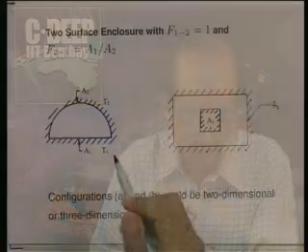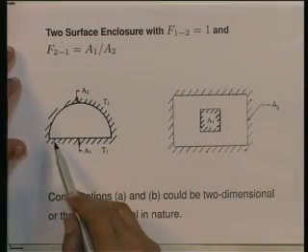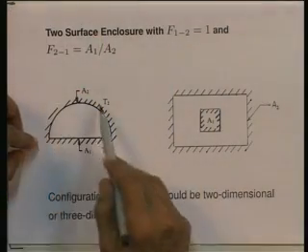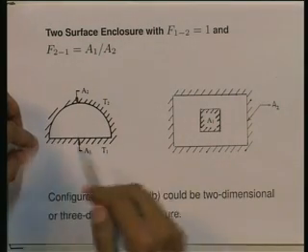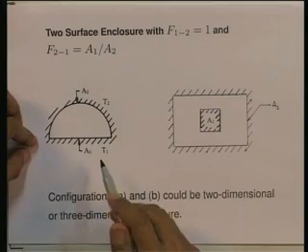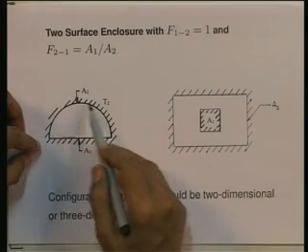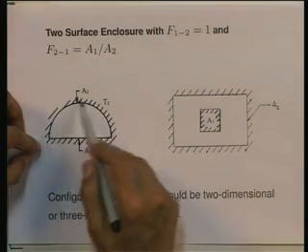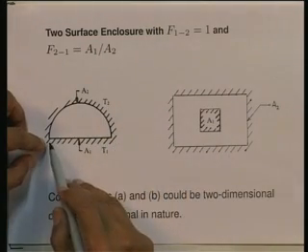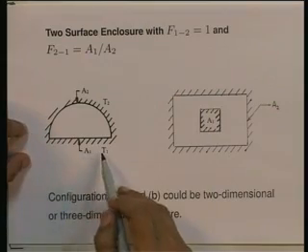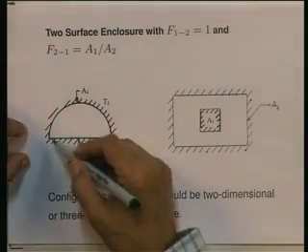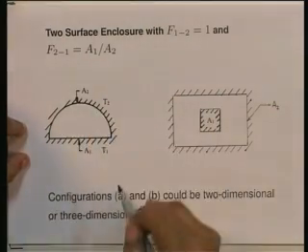Now, look at the examples like this. For instance, here is a semicircular tube, a semicircular space, let us say. The semicircular part we will call surface 2, the flat part we will call surface 1, and let us say surface 1 is at a temperature T1, the surface 2 is at a temperature T2.